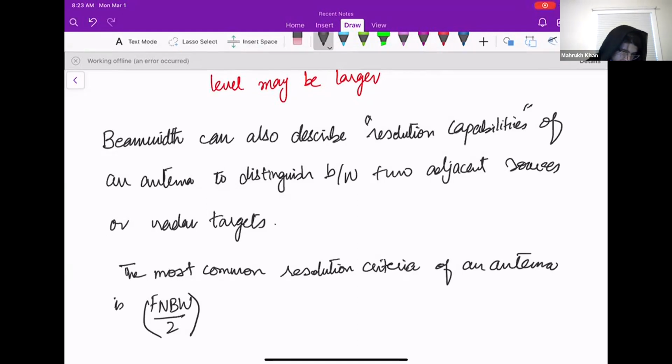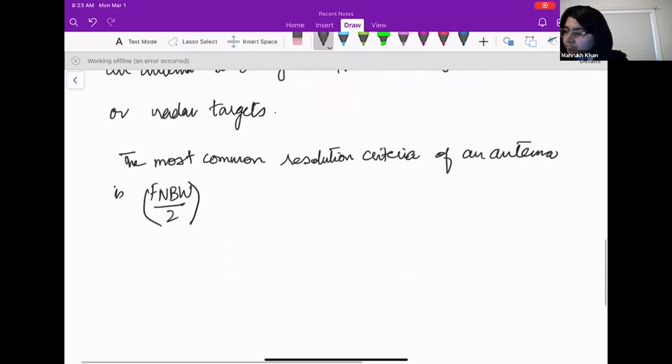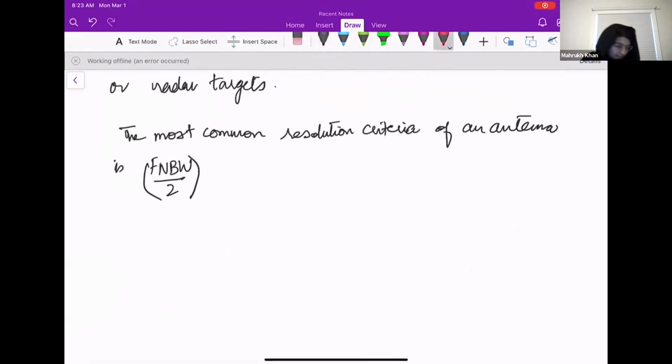There are two examples in your book related to, no, one example is there related to beam width, but there are two examples related to the directivity.